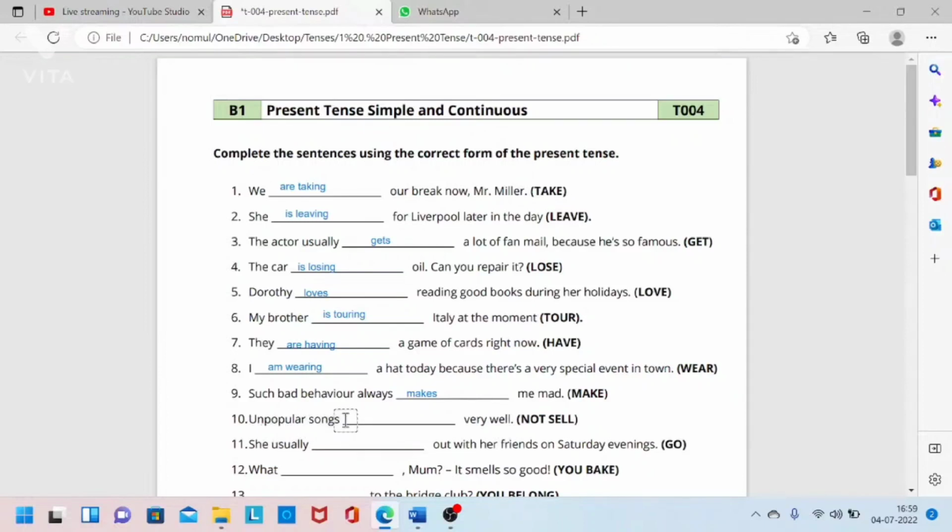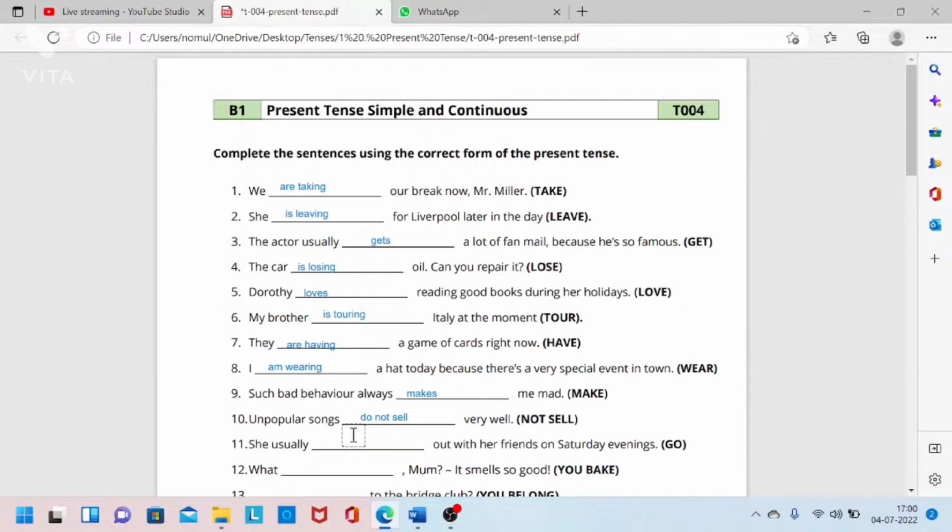Unpopular songs do not sell well, right? Not can be said like do not, okay, do not sell well, don't sell very well. Unpopular songs do not sell very well, okay.